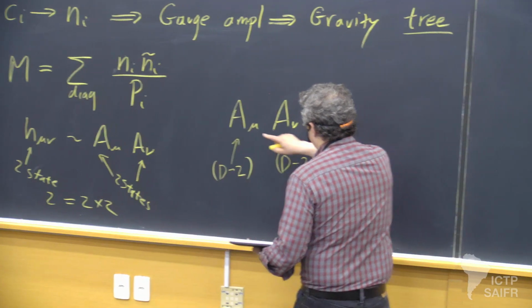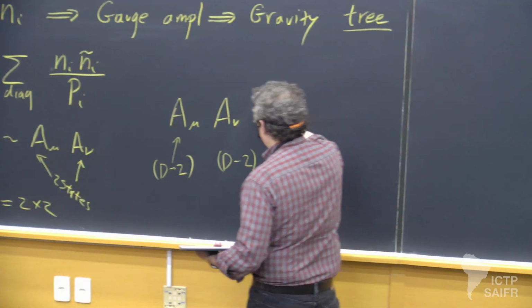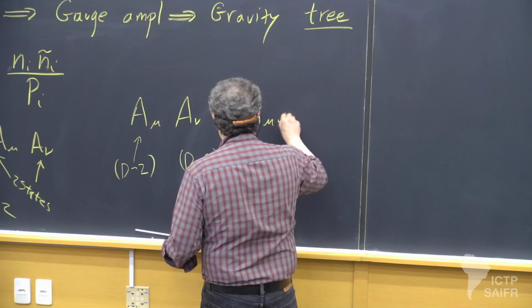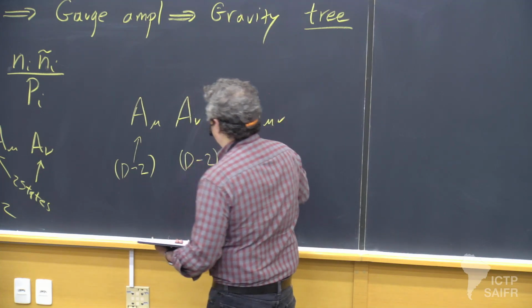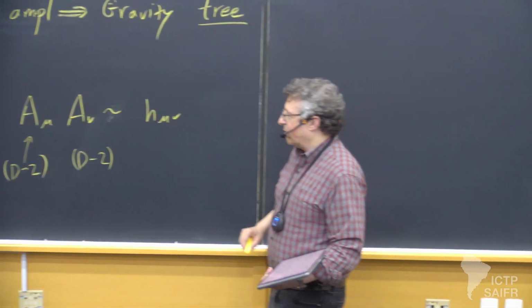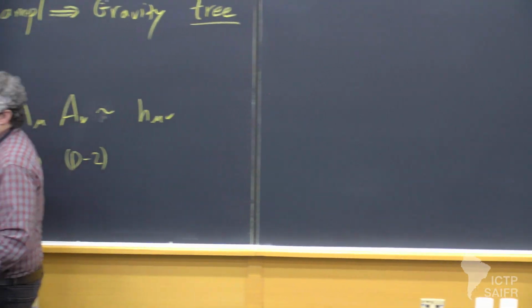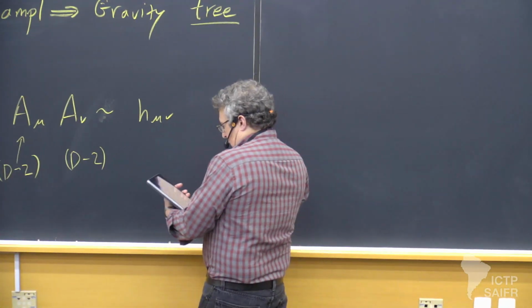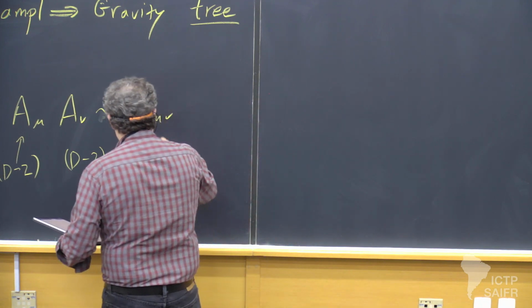And you can decompose this simply by writing down the symmetric piece. We'll give it a name. Well, I shouldn't say equals, but let me say it's like, through this procedure, H_{mu nu}, and we can count the number of states there.